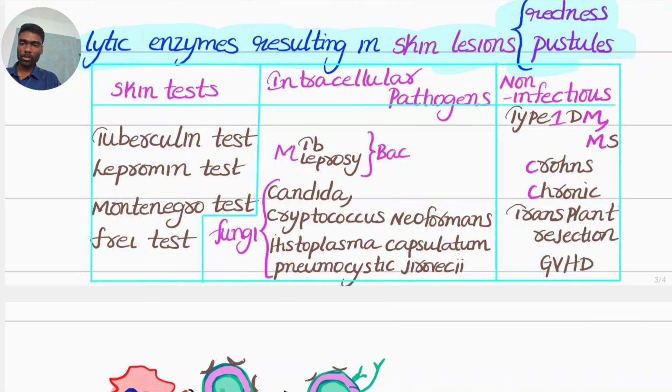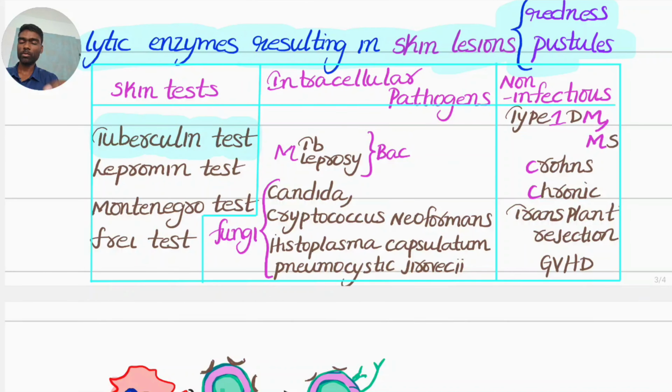Now other examples: skin tests like the tuberculin test. It is the prototype example of delayed type hypersensitivity reaction. Here tuberculin antigen will be injected intradermally and we will wait for some time. How much time? 2 to 3 days, because it is a delayed type reaction, so it will take time.